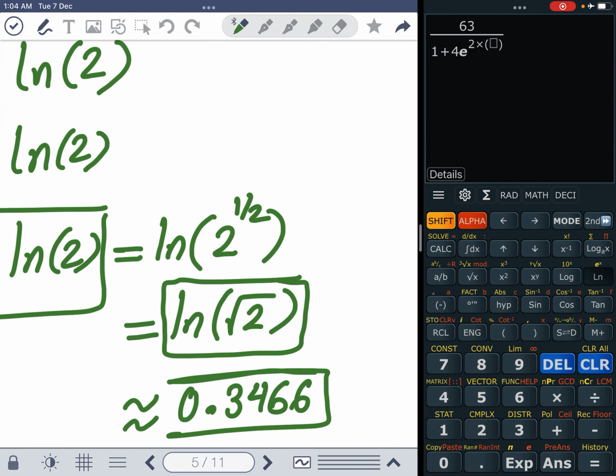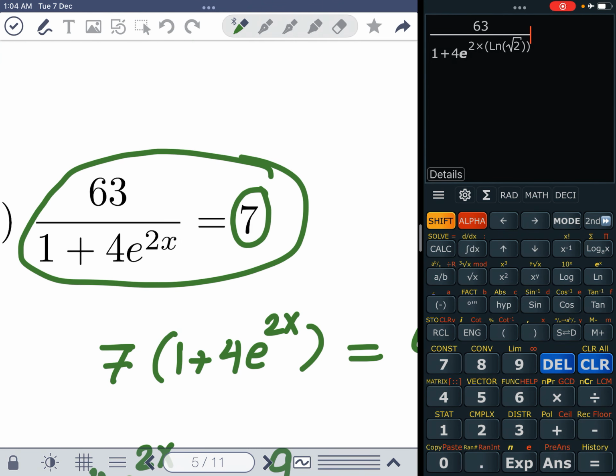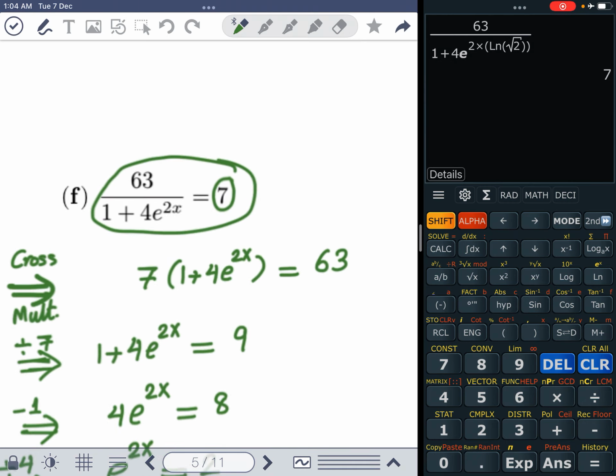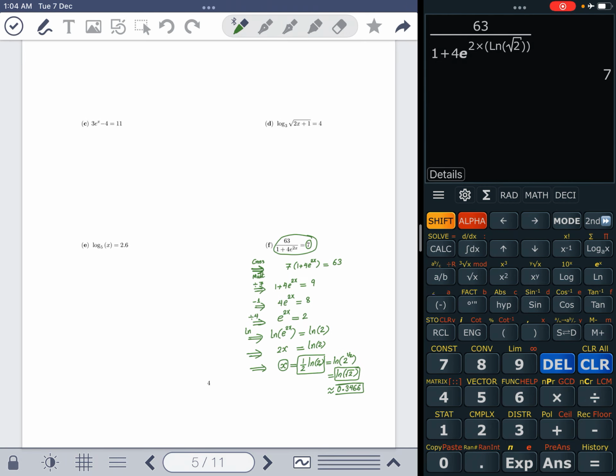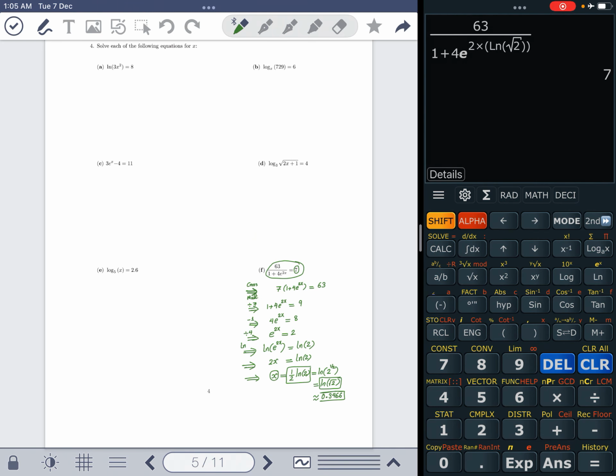So I'll put it here, ln radical 2. Close, and we now wish that the answer, of course, is 7. Let's see. I'll click now. Equal. Perfect. Okay, great. And this ends this exercise and ends this problem. And I will stop here.